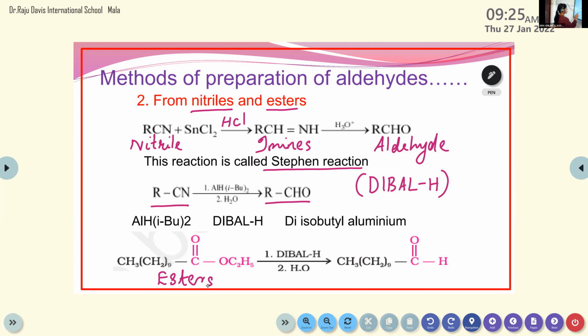So look at this reaction, CH3CH2, then COOC2H5. This is an example of an ester. On reaction with diisobutyl aluminium hydride, the respective aldehyde will be formed. So this part will be converted into an aldehyde.